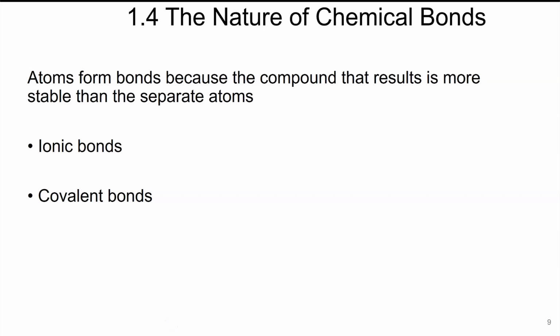Atoms can form bonds because the compound that results is usually more stable than having the atoms be separate altogether. Ionic bonds are those that are in salts. They result from electron transfers. Covalent bonds are bonds that form in organic compounds, and that's resulting from the sharing of electrons.